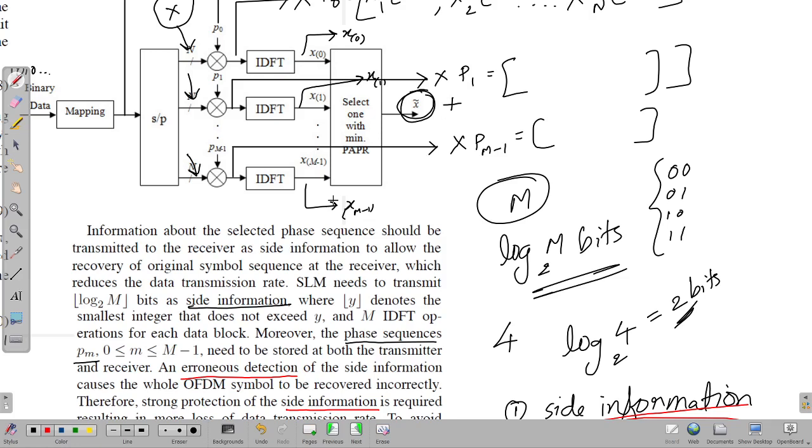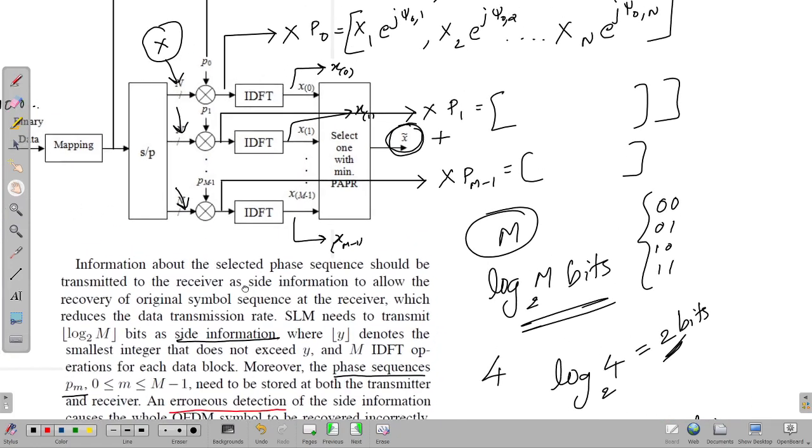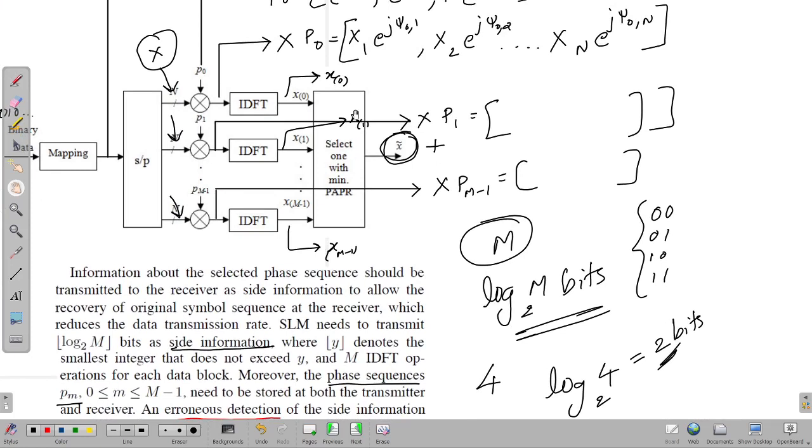This block is going to have a lot of workload, or computationally it is going to get intense, when the value of N is large or when the value of M is large. This optimization is going to be very difficult.